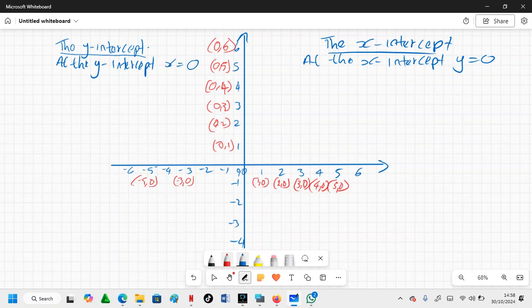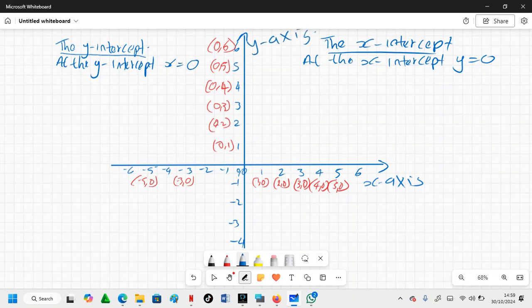We're going to learn a very simple concept here, and we're still dealing with the straight line. We're going to look at the y-intercept and the x-intercept. Okay, we know that this is the x-axis and this is the y-axis.